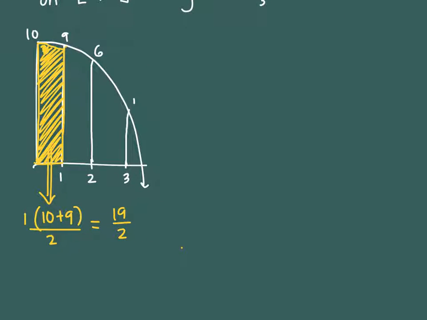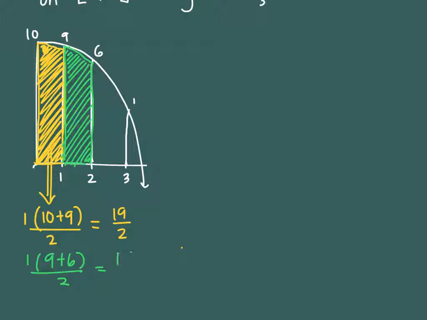All right, the second trapezoid will connect the 9 to the 6. And so I'll have my second trapezoid. Again, it's going to underestimate that value. So the value of that one would be a base of 1 times 9 plus 6 over 2, so that's 15 over 2.